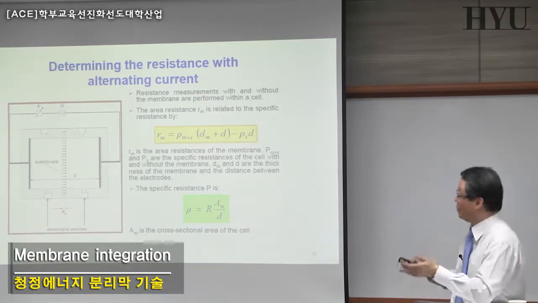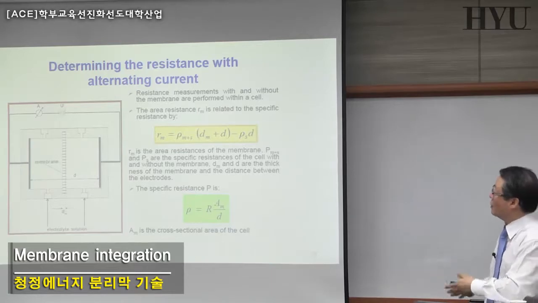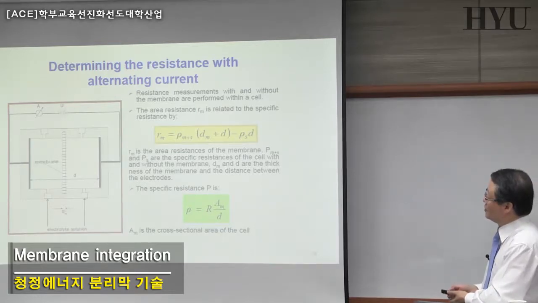You can measure the area resistance and membrane resistance in this case. The area resistance is related with the specific resistance. This R_m is the area resistance of the membrane, and rho_ms and rho_s are the specific resistance of the cell with the membrane and without the membrane.